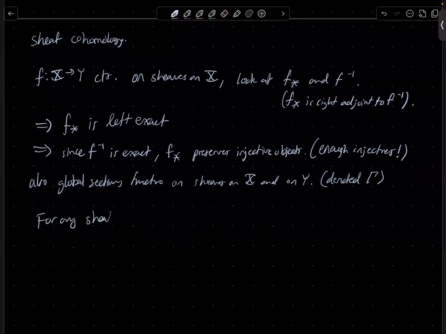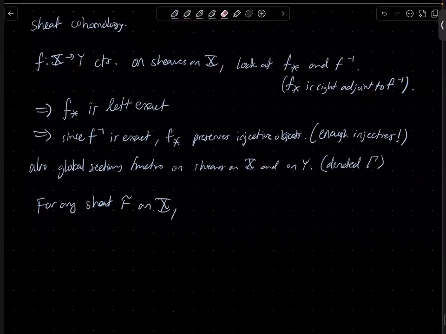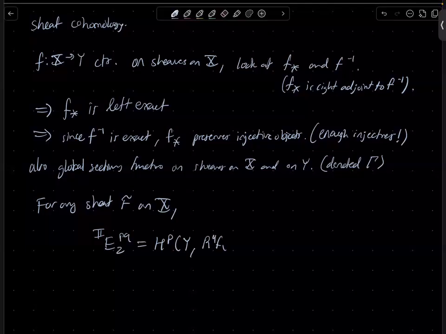For any sheaf F on X, applying the spectral sequence from earlier, we have E_2^{PQ} equal to H^P, the sheaf cohomology notated this way, you put the space in first, Y, comma, R^Q f_* applied to F. This is the derived functor of push forward. This thing converges to the sheaf cohomology in degree P plus Q of F on X.